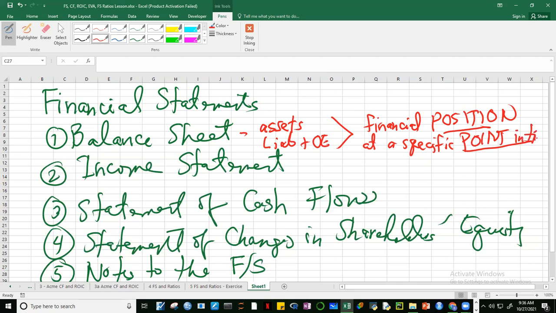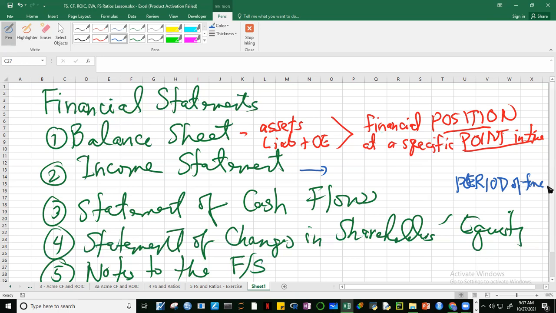Okay, yung answer kanina ni Beyonce, it will be here, no? So sulat na lang natin dito: a specific period of time. Okay, so that's one difference between the balance sheet and the income statement. The balance sheet tells us of the financial position at a specific point in time.